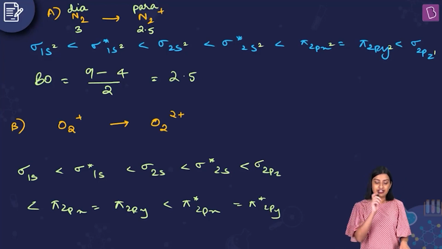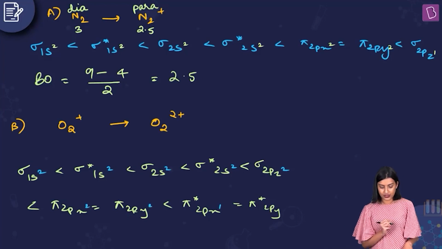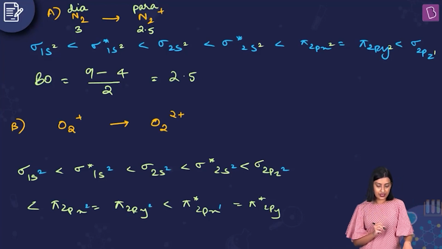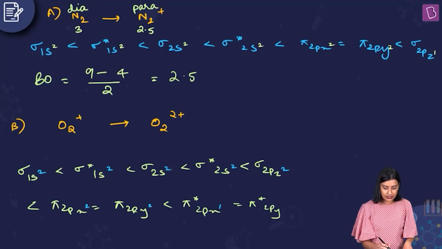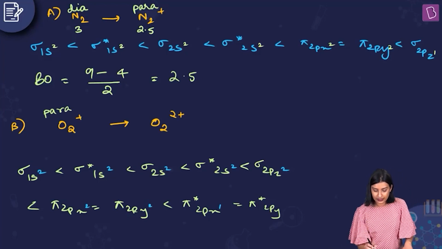So initially 15 electrons. So 2, 4, 6, 8, 10, 12, 14, 15. You have 15 electrons here, and you can see that this is clearly a paramagnetic species. So you are starting off with a paramagnetic species. Let's quickly calculate the bond order here.